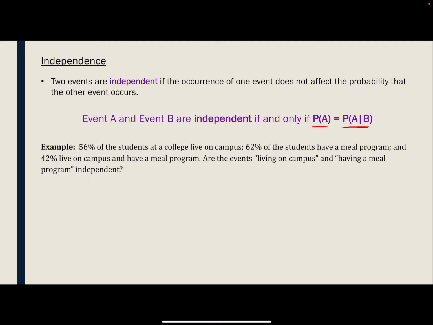I'm just going to choose one of them to be event A. So let's say we let event A be the living on campus. And then event B would be that they have a meal program.